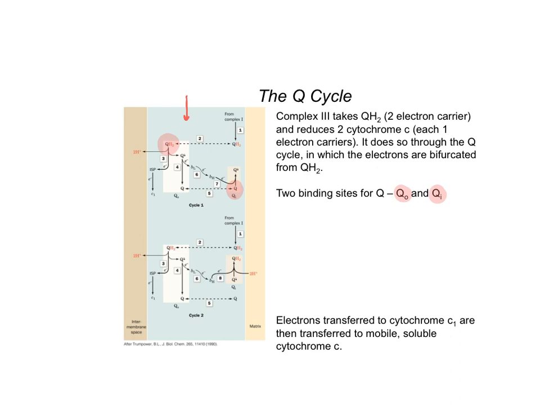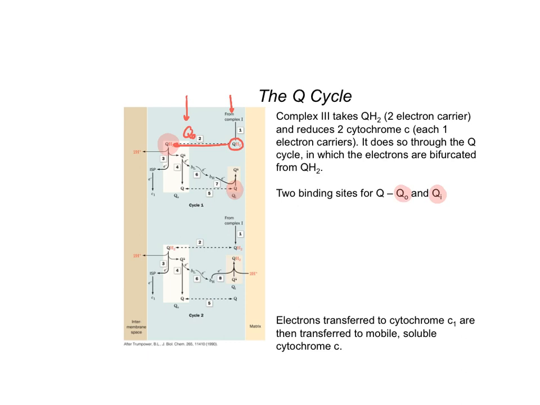So we're going to have reduced ubiquinol coming from both complex 1 and complex 2. The first little cycle in this Q cycle, which is what the overall mechanism is called, we're going to have our reduced ubiquinol bind to the Q0 site. So that's going to be number 1: binding of ubiquinol to Q0.